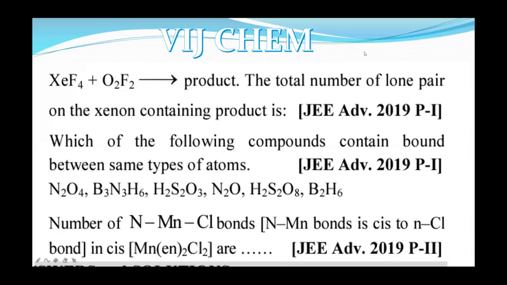Number of N-Mn-Cl bonds. Okay, N-Mn is cis to N-Mn-Cl. Okay, you can try. Otherwise, actually here it is the question from the coordination number. So you can try. Otherwise, I will tell you. Okay. Number of N-Mn-Cl bonds. Okay, here what they wanted to ask, I will tell you.